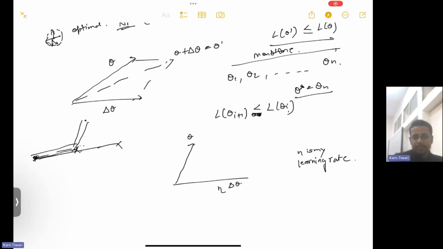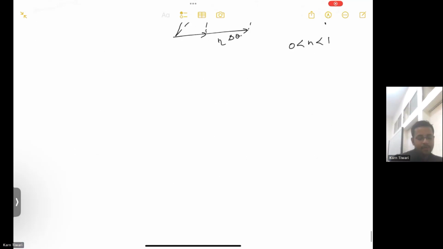There's a huge literature about the learning rate, how you can regulate it and ensure that you reach the minima. Okay. So ensure that this eta is between 0 to 1 in most cases.